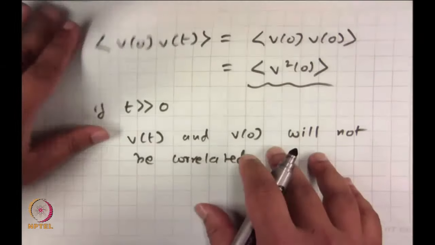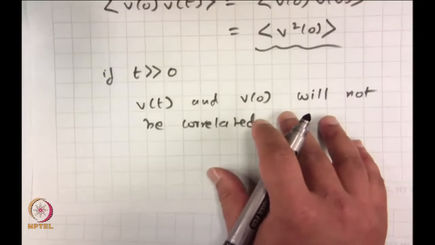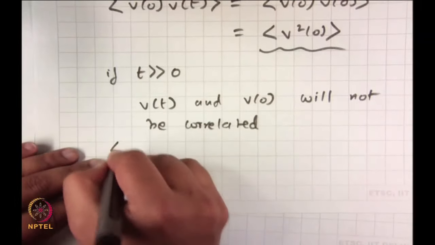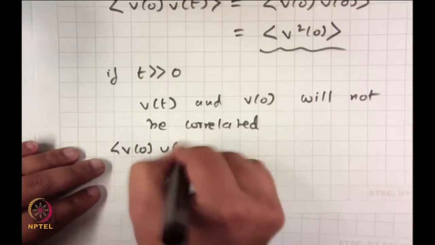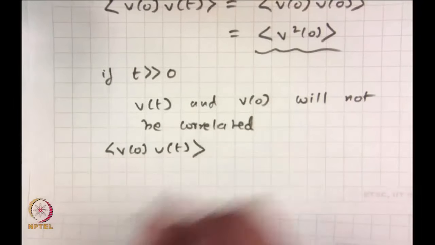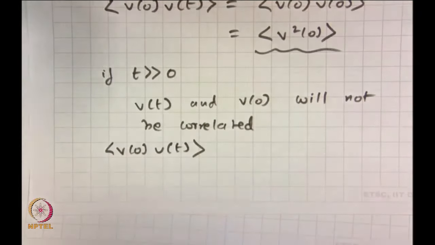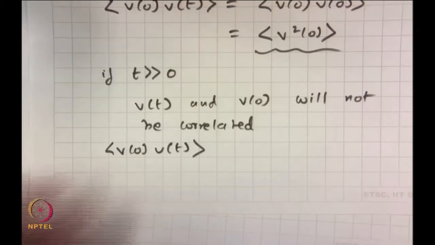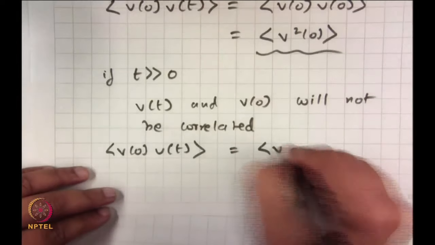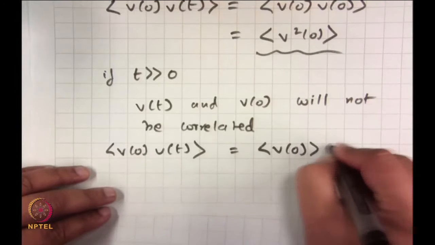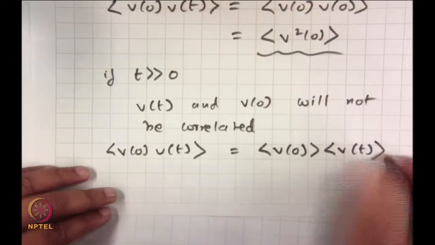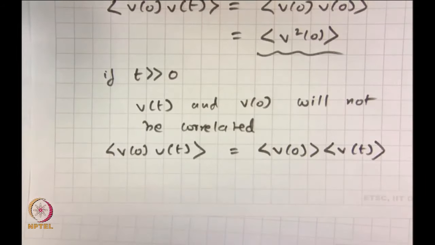Under that condition, can I write this V of 0 times V of t, because these are not correlated and you know these brackets resemble the ensemble average, to be equal to V naught times V of t? See, these are not correlated, right.